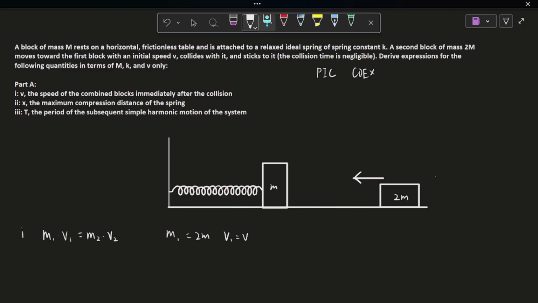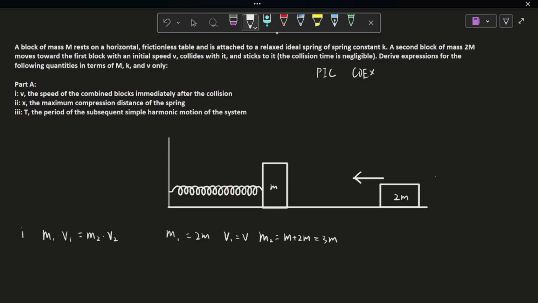What is m2? After the collision, the blocks 2m and m stick together and become a bigger object. So m2 will be the total mass of the two objects. m2 will be m plus 2m, which is 3m. We're trying to find v2.